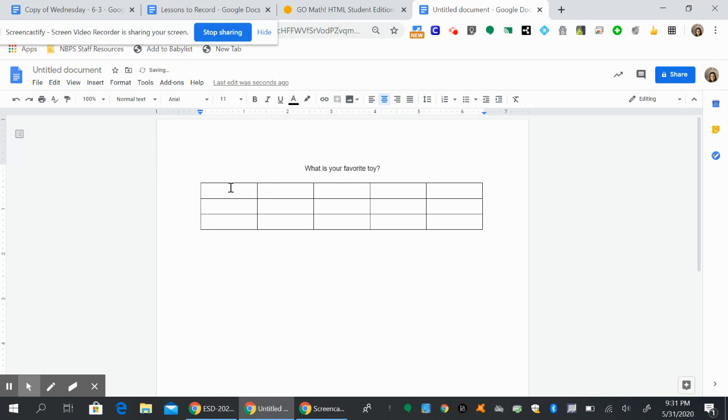Okay. So let's see, the first one is going to be teddy bear. The next one is going to be Legos. And the one after that is going to be, let's do doll.